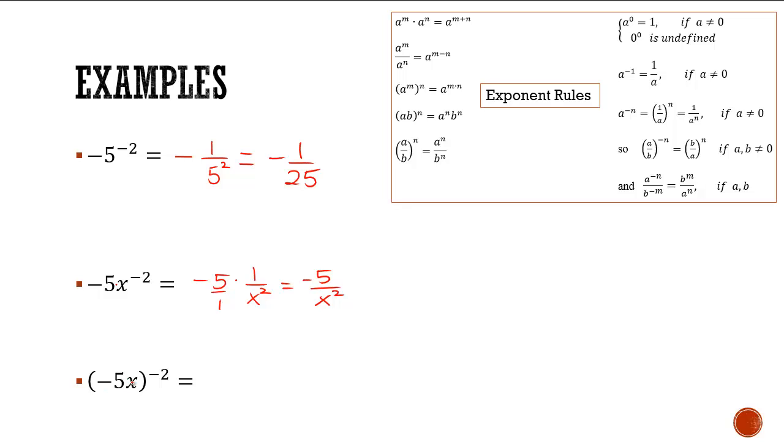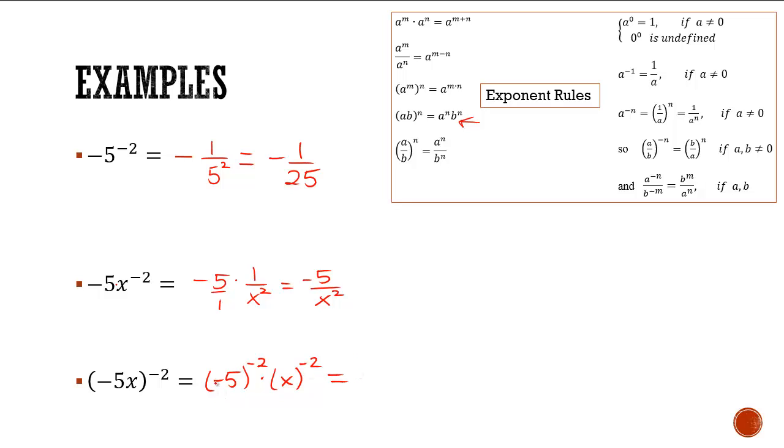This next one, the -2 exponent is applying to both the -5 and the x completely. So -5 is being taken to the power of -2, and x is being taken to the power of -2. And here we're using this exponent rule where the exponent distributes into each part of the term.